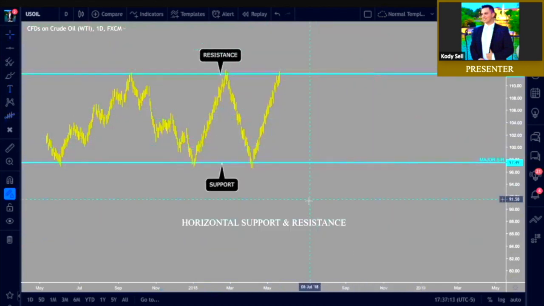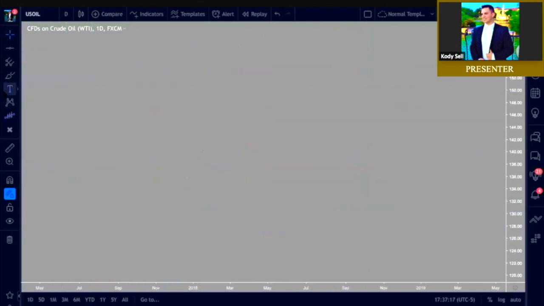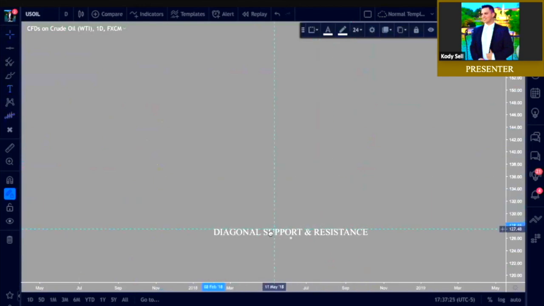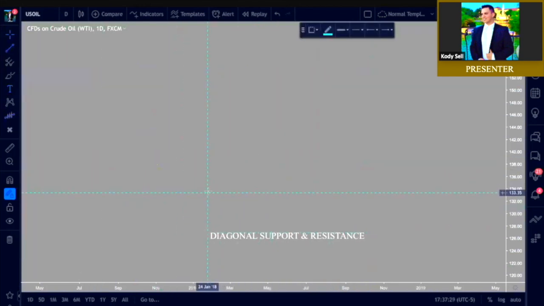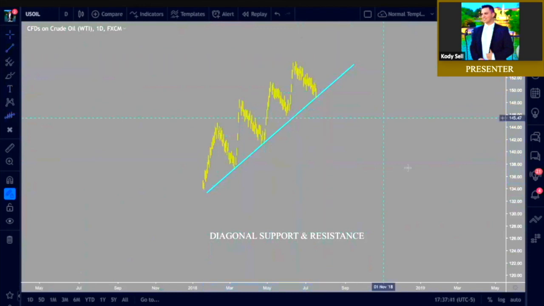Now, there is also diagonal support and resistance. So what is diagonal support and resistance? Well, it's pretty much the same exact thing. So here's our diagonal support and resistance. In the case of an uptrend, we mark our support typically like so.